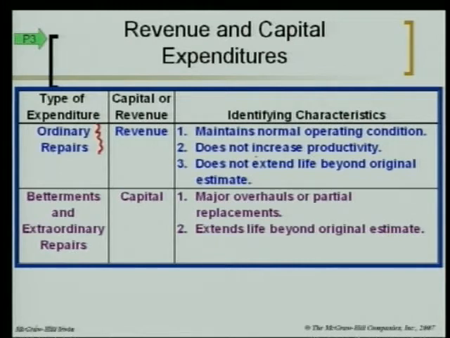Those things just simply maintain the normal operating condition. They don't increase the productivity. They do not extend the life beyond the original estimate. When you made that original estimate of life, you were assuming with your vehicle that you would get oil changes, right? Okay? So this is called a revenue expenditure.